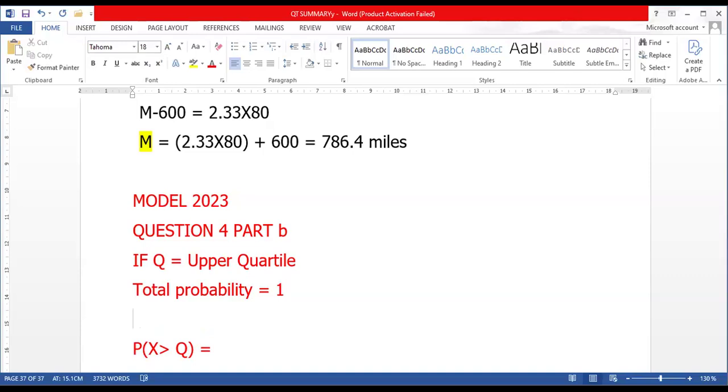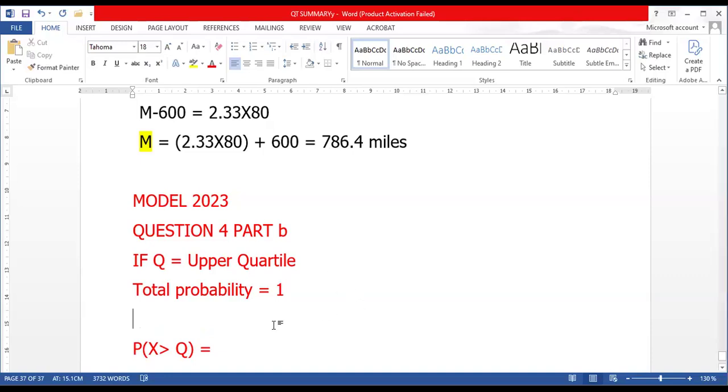If I'm looking at total probability and I'm interested in the upper quartile, remember the upper quartile is 3 out of 4. Now, if you have 3 out of 4 as your upper quartile, then what about the remaining balance?